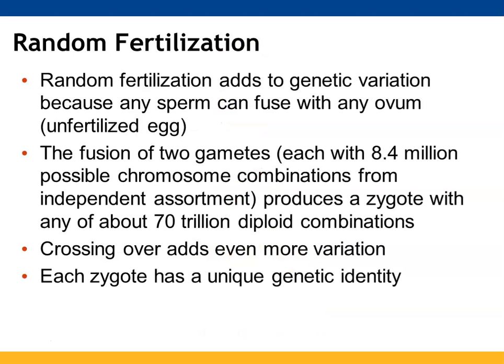And then fertilization, because you can have any sperm fused with any ovum. They each have over 8 million different possible chromosome combinations. So you put them together in a zygote, you can have 70 trillion different diploid combinations. So more crossing over, more variation, which is why it is practically impossible for you to look identical to one of your parents only.